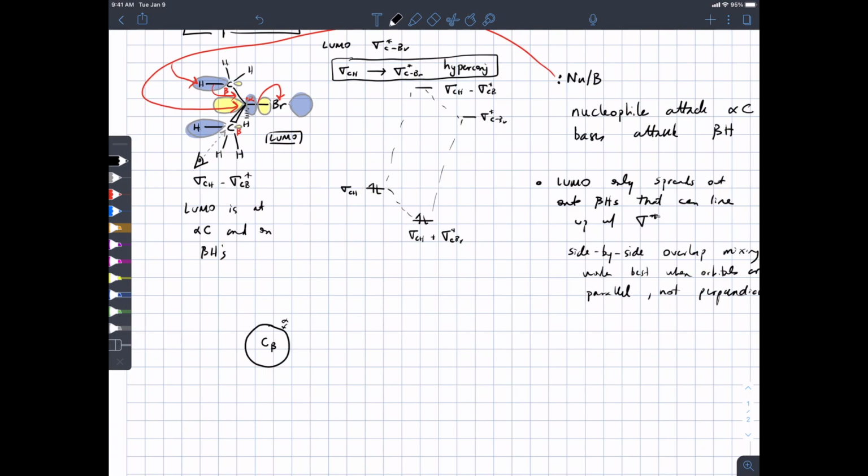If we were looking down that carbon-carbon bond, we'd have a hydrogen sticking out here, and another there, and another there.